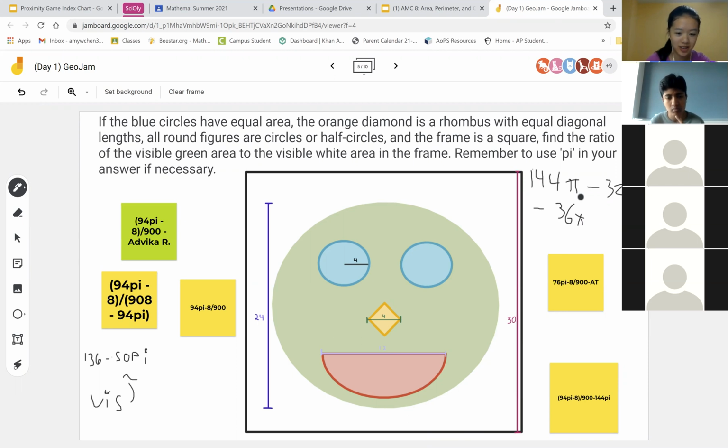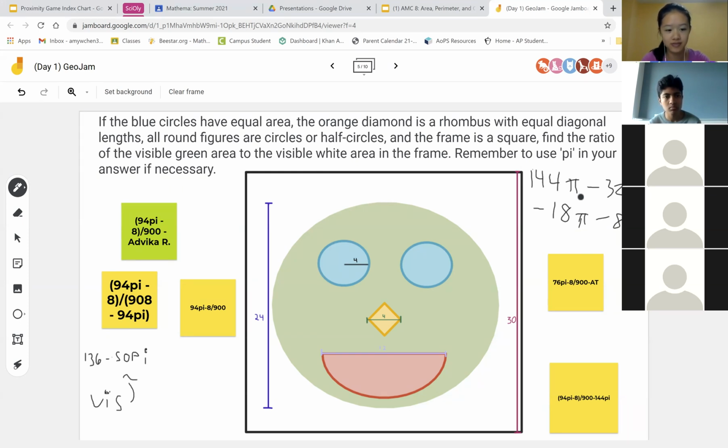You forgot to do one thing. This is a half circle. Oh yeah, so then you would divide that by 2, which would then be 18 pi. And then you subtract the rhombus, which would be 16 divided by 2, which is 8, because it'd be 4 times 4 divided by 2.